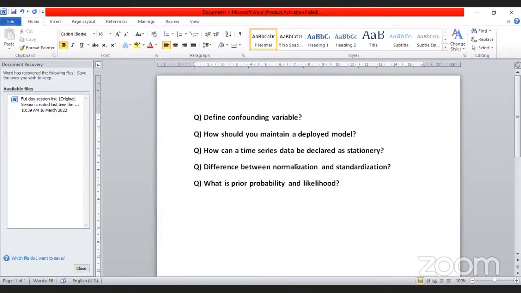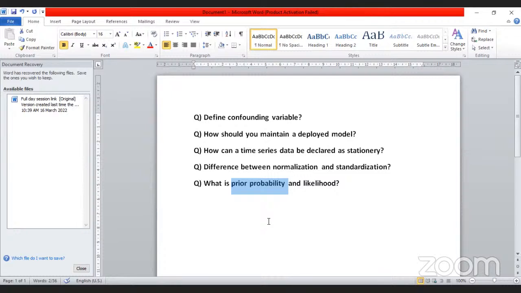Okay, so firstly, prior probability is the proportion of the dependent variable in the data set. Prior probability is just the proportion of the dependent variables in the data set, right?